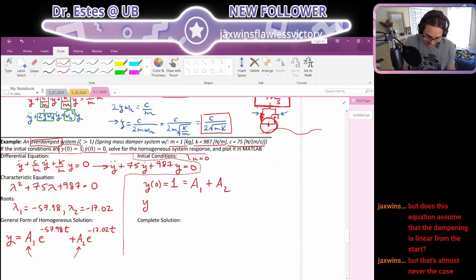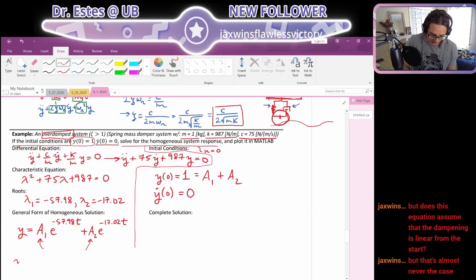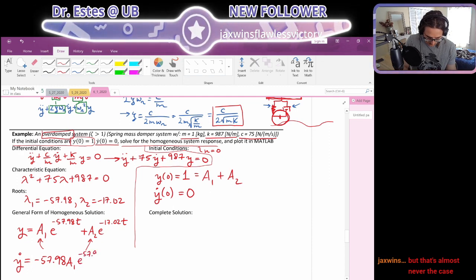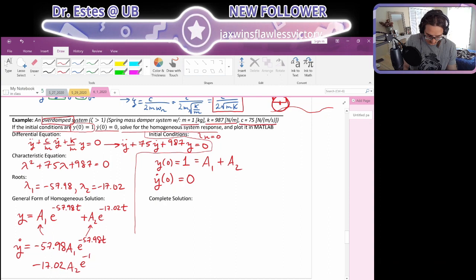And then we have that our velocity at initial time was 0. How about down here we put what the derivative of this is, because we're going to need that. Not a problem to take the derivative of this.